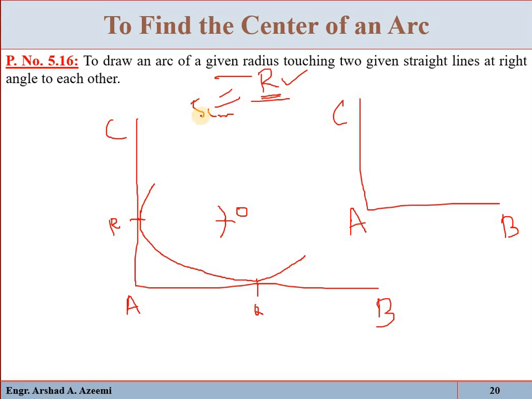Okay, so open a compass of 5 centimeter, place it here, mark here a point P and mark here a point Q. Okay, now with that same radius and center P, mark here an arc, and with center Q, mark here an arc. Now suppose that is point O. So with center O and radius equal to that 5 centimeter, draw the required arc which will touch the given two lines.